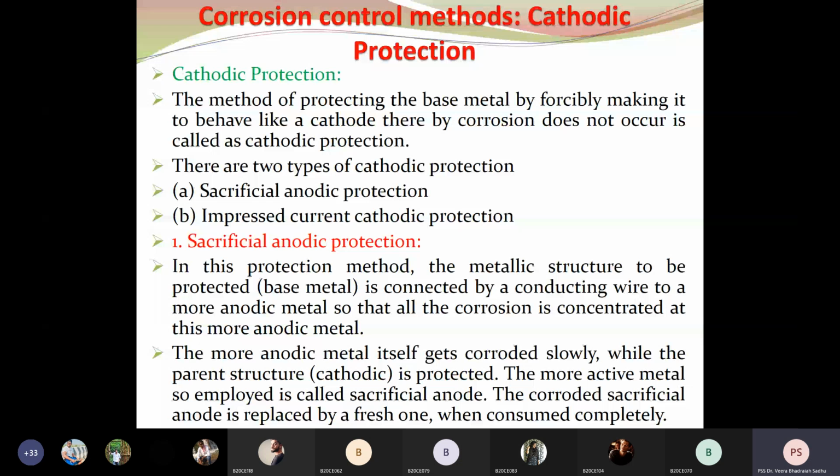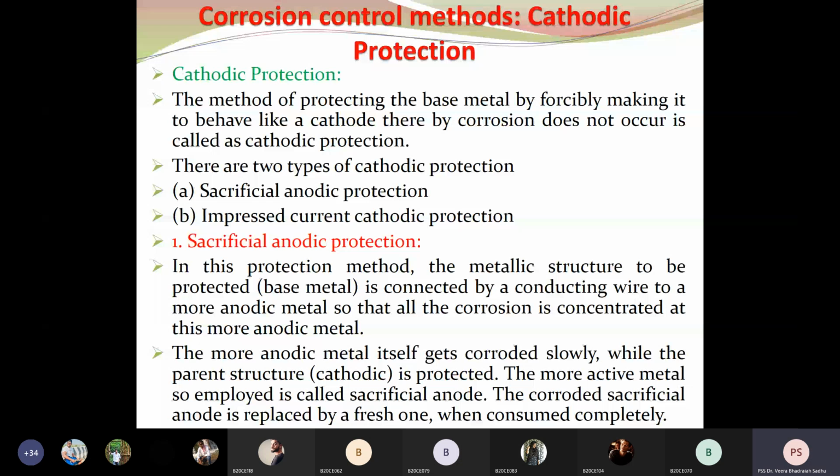There are two types of cathodic protection. One is sacrificial anodic protection. Another one is impressed current cathodic protection. So let's come to sacrificial anodic protection.